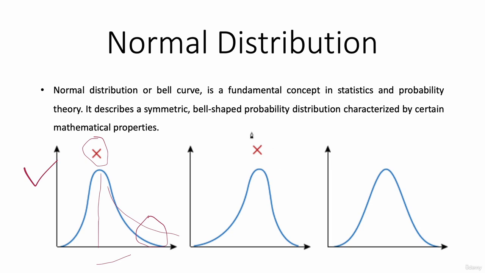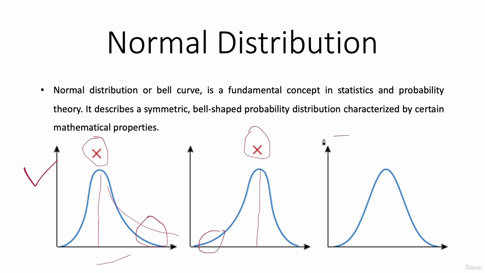You can see another graph here with a cross sign indicating this is also not a normal distribution, because the peak is at the right side of the graph and the slope is higher at the left side, indicating this is a left skewed or negative distribution.